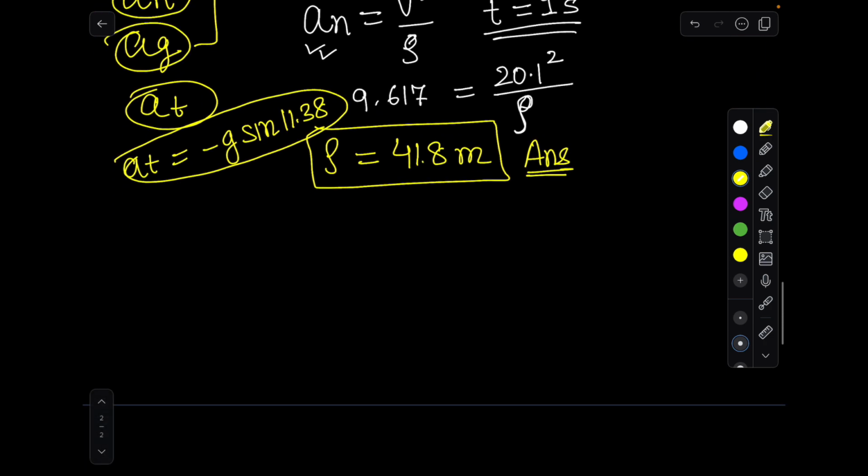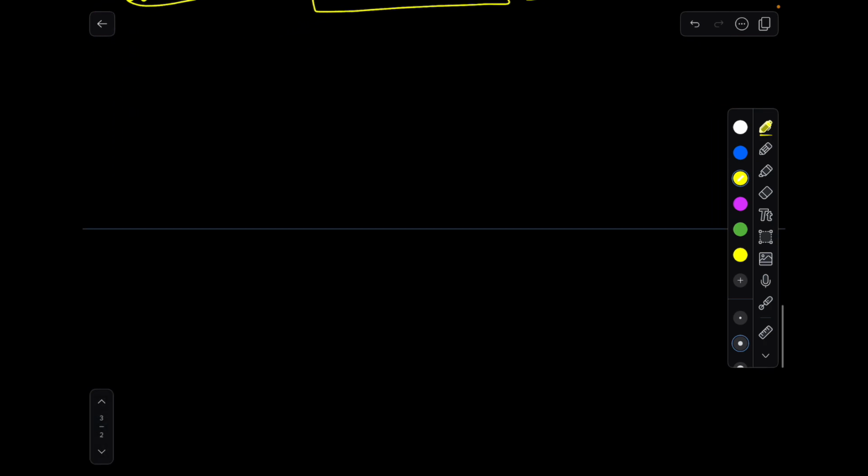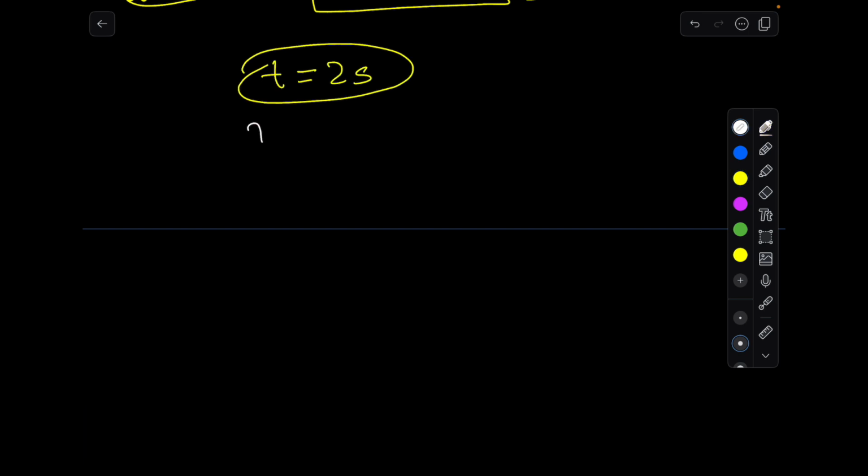Now let's solve for the time of 2 seconds. Vx remains constant, V naught cos theta, where theta is the launch angle. Not to confuse, it was already calculated by ourselves.